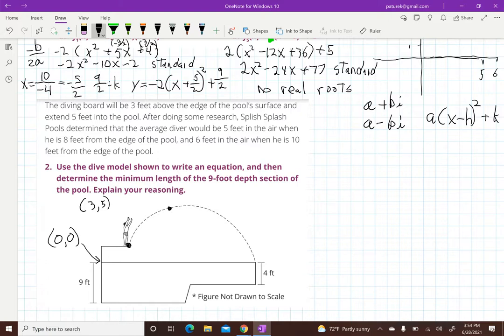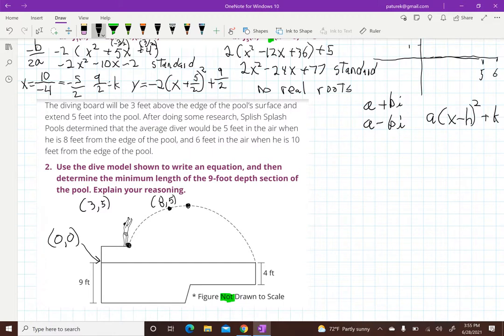So not to scale. Remember, not to scale. I'm going to declare this to be 8,5. And the third point is he's going to be even higher. And maybe that's at the vertex, but we don't know.